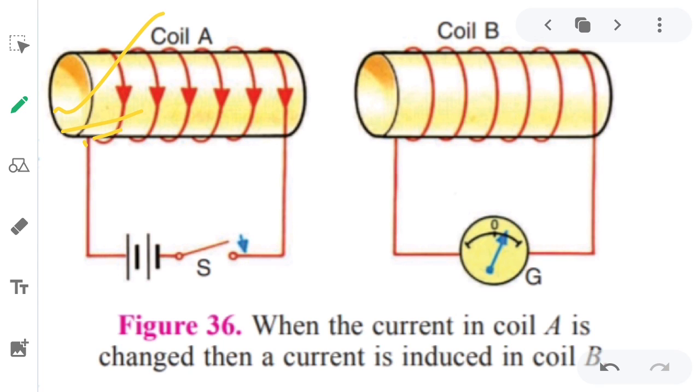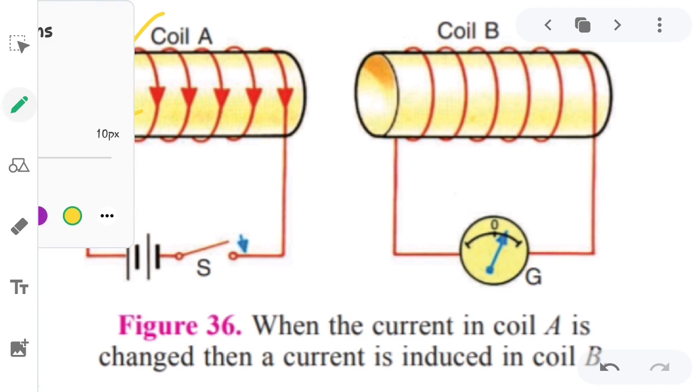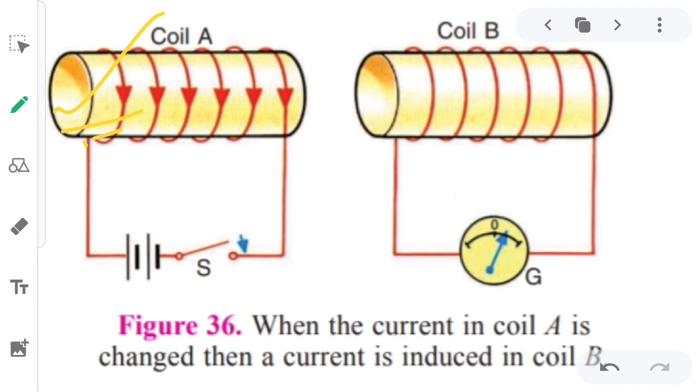So when we pass current to this coil, here you can see the battery, this will induce current in this coil.